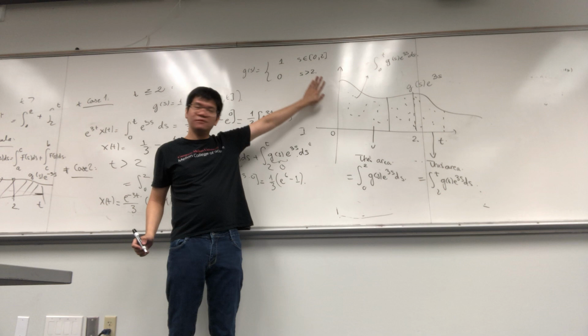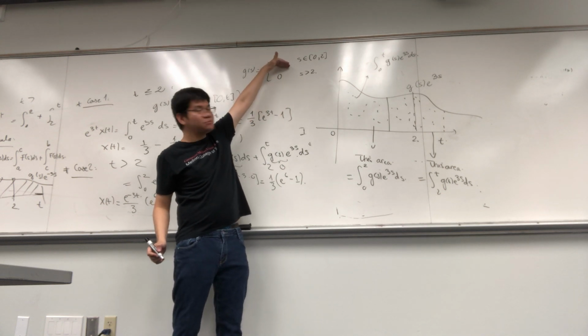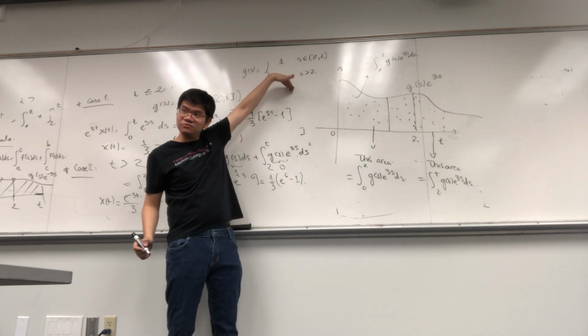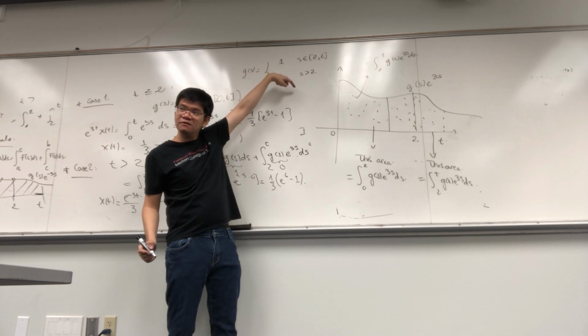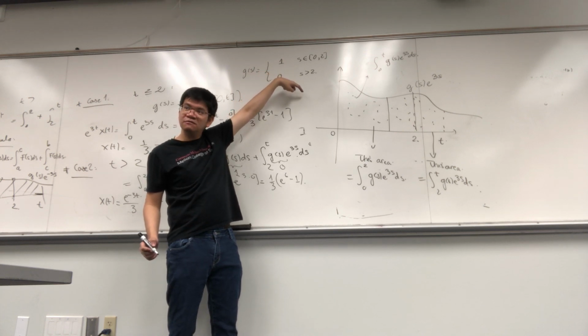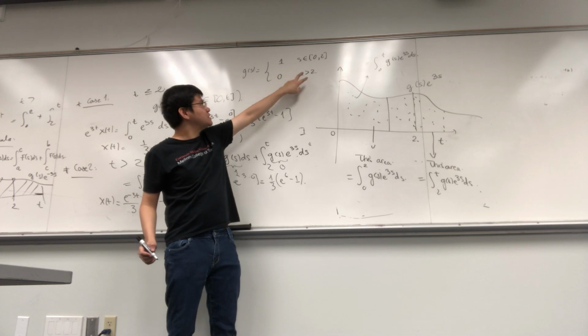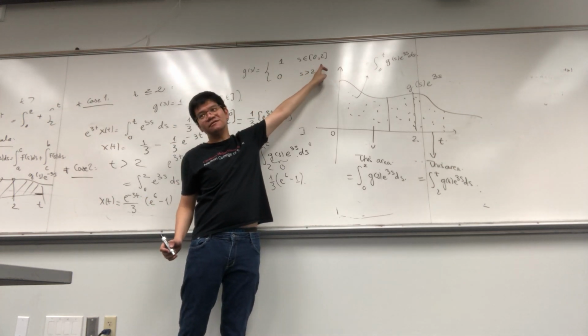This is why you add one part which is smaller than 2 and one which is bigger than 2. But that would be 0 to t, that's what we're trying to find. Yes, this is from 0 to t, because 2 is the number here.